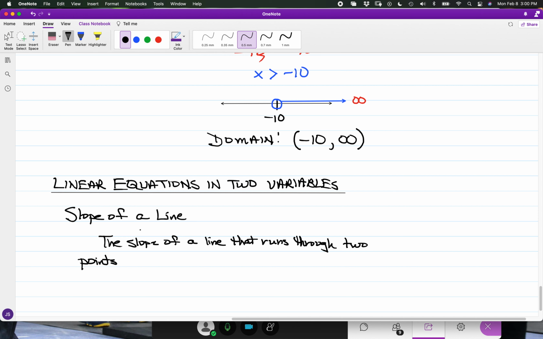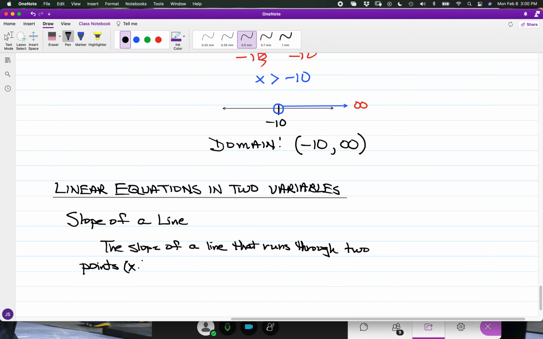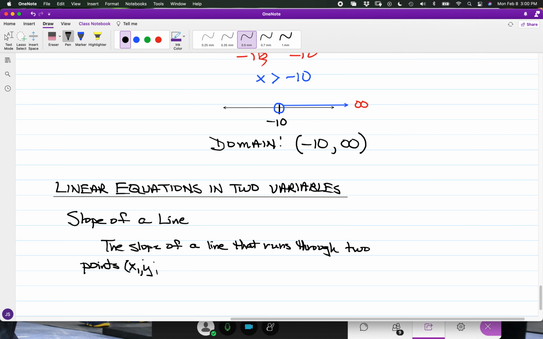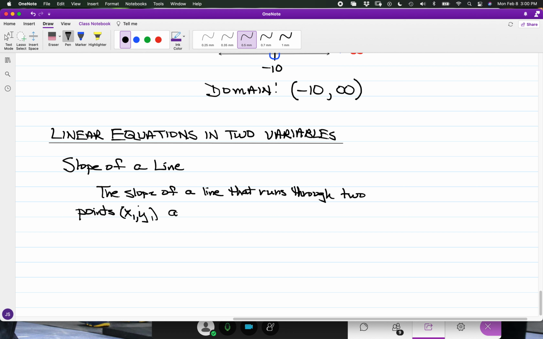So you have x sub 1, y sub 1, and we have x sub 2, y sub 2. Now, for the letter we're going to use to represent slope, we have letter m, and m is equal to y sub 2 minus y sub 1 all over x sub 2 minus x sub 1.